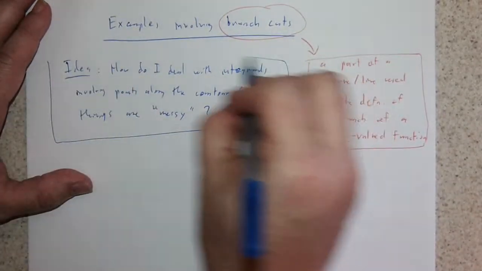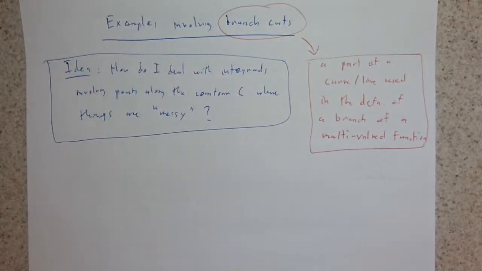In general, when we're talking about branch cuts, we're talking about particular ways of defining branches of multivalued functions. In the context of contour integrals, where this comes up is, one, sometimes you want to integrate a multivalued function and there are some parts of your curve where there's some ambiguity. And you have to be careful of how you address that.